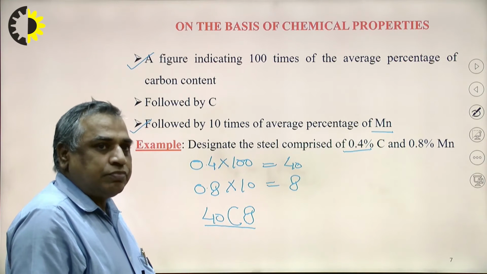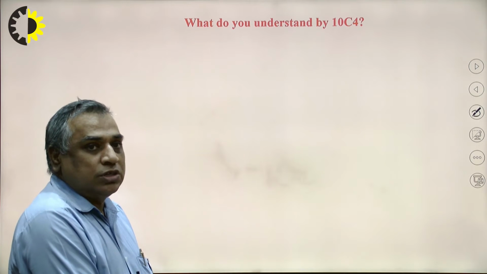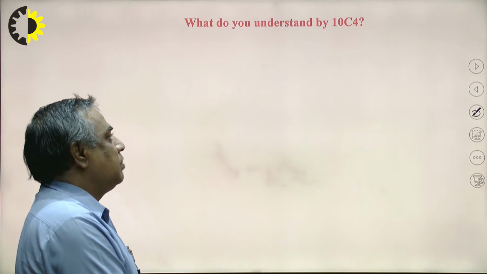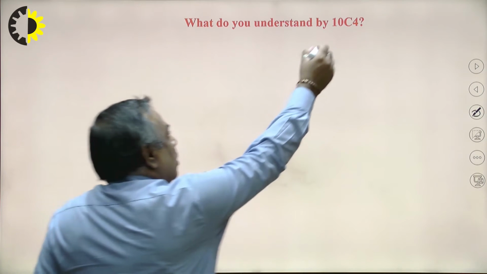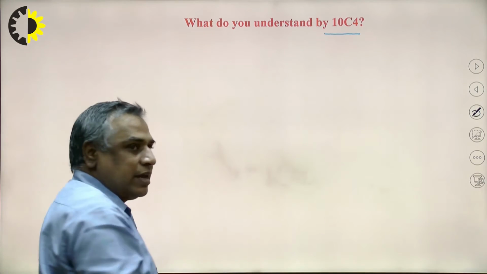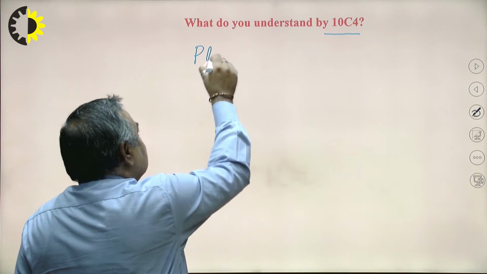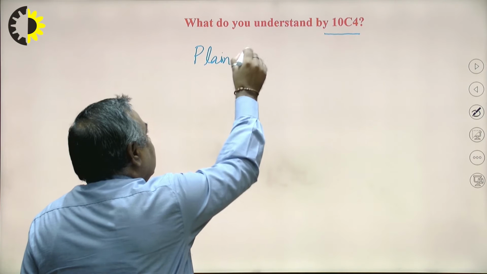Then the next question is 10C4. What do you mean by 10C4? This 10C4 first indicates that it is a plain carbon steel. It is straightforward.